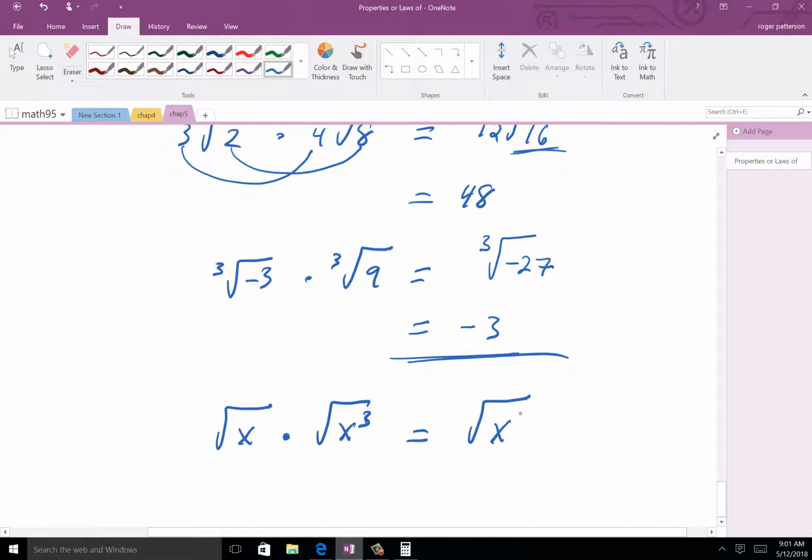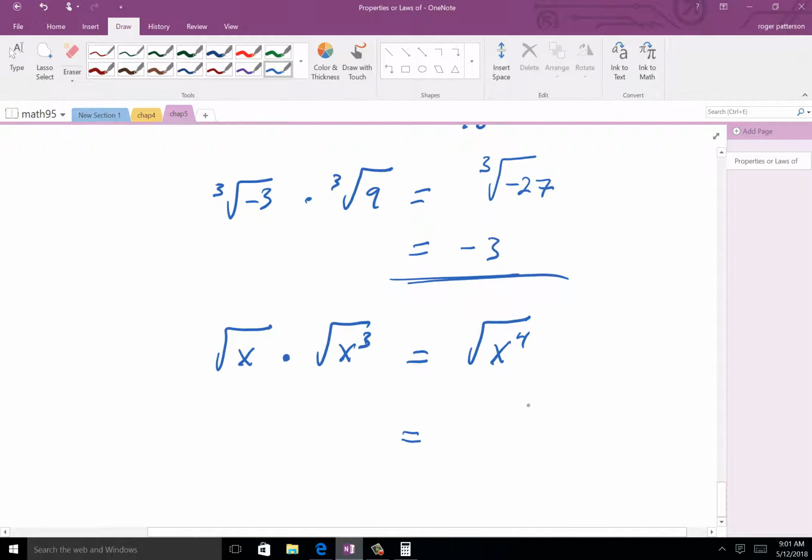1, 3. So there's 4. Because we're multiplying, right? And that's going to be x to the second. Okay? So this is a 1 here, 1 here. So we have 1 plus 3 gives me 4. Right? And then square root of x to the 4.